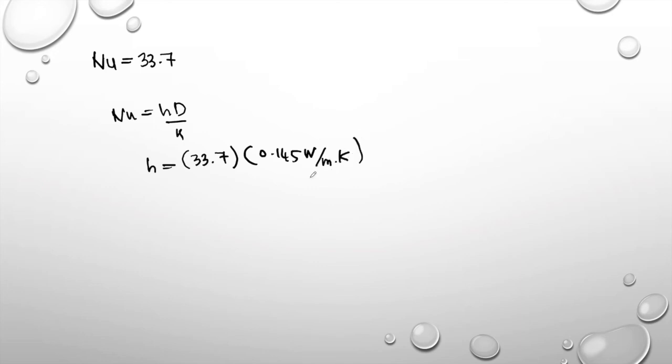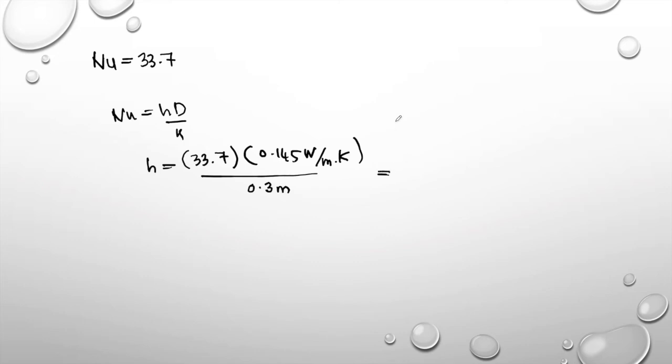So from here we have to equate this equation with h d over k. Therefore, rearrange to find what is h. So your Nusselt number times k, 0.145 watt per meter dot Kelvin, and divided by diameter, which is 0.3 meter.